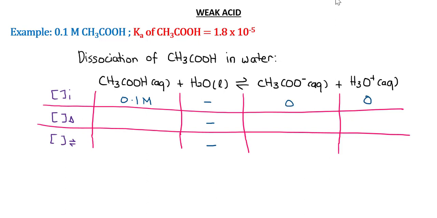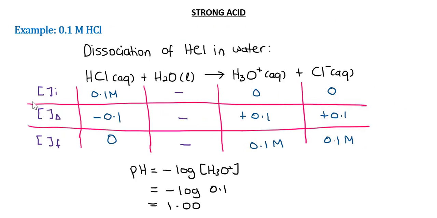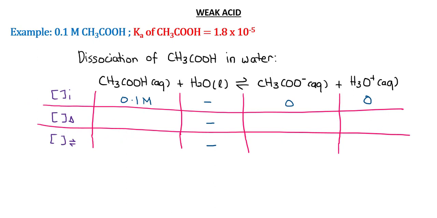The difference between the weak acid and strong acid is that for the strong acid, we already know the value of the change in concentration for each species. But for the weak acid, since the acetic acid ionizes or dissociates very slightly in water, we don't know the exact value of how much of this acid will dissociate. So we are going to put an unknown here.